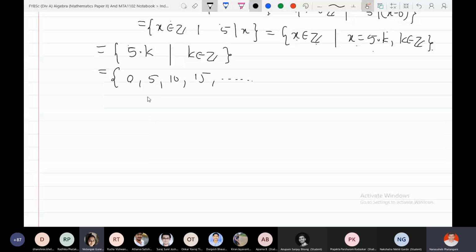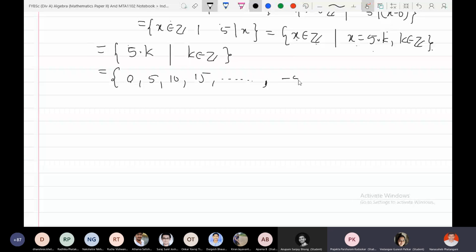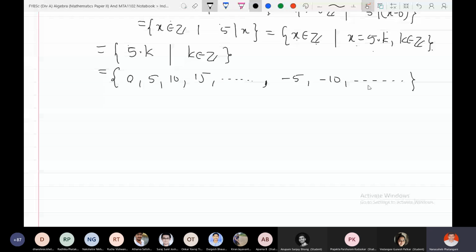Negatives can also be there, for example -5, -10. So we have the set of integers, and out of those, the multiples of 5 are separated out, which is the class of 0.